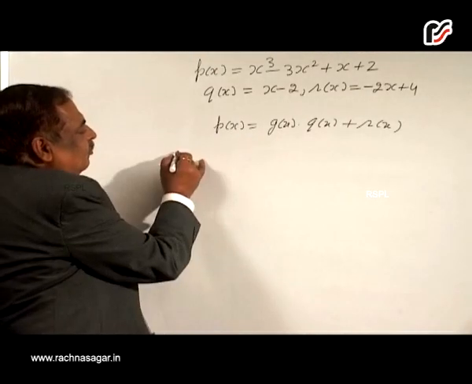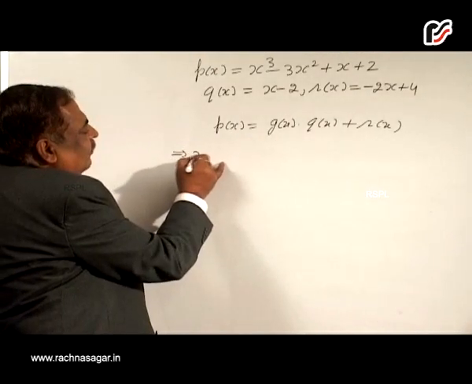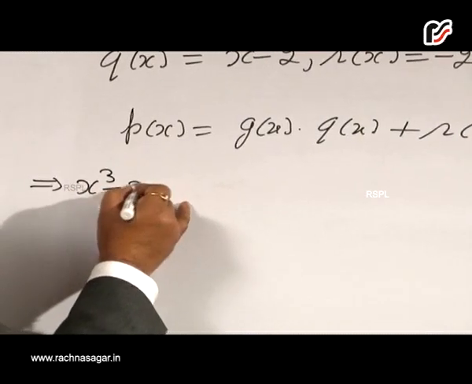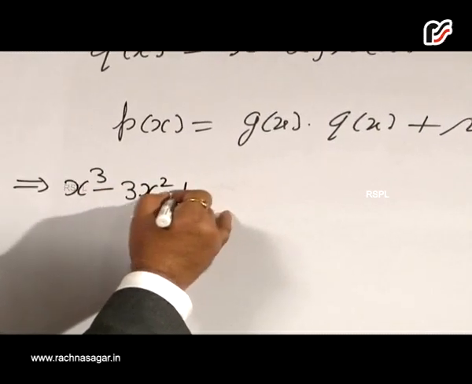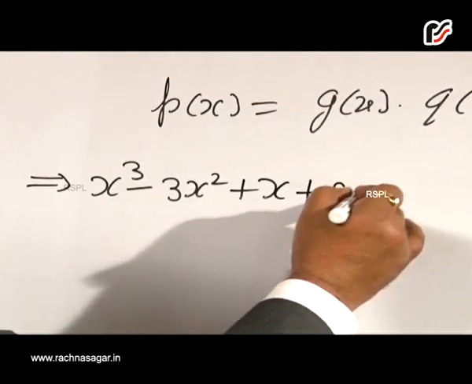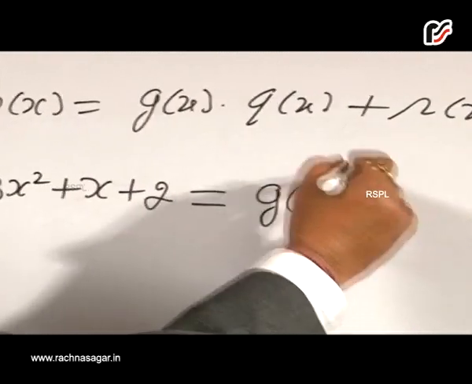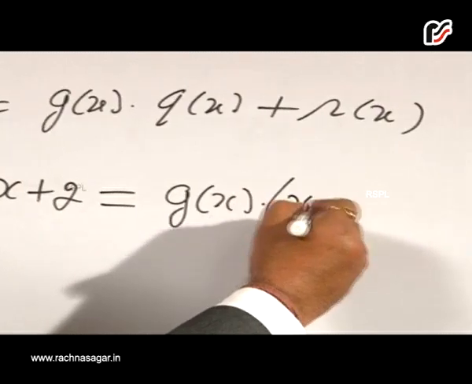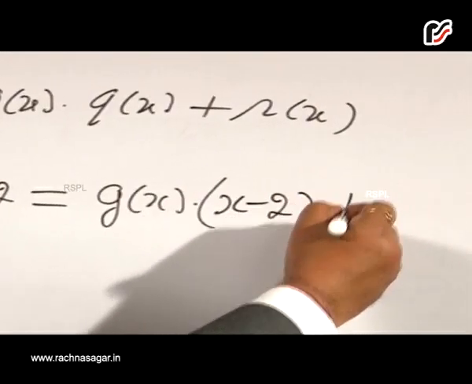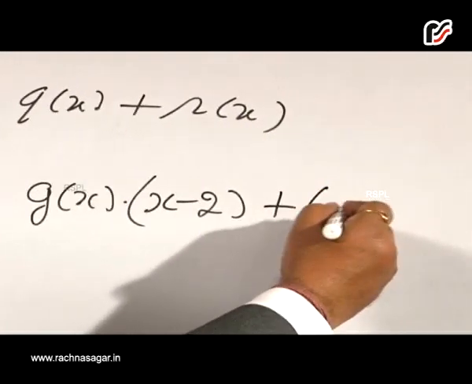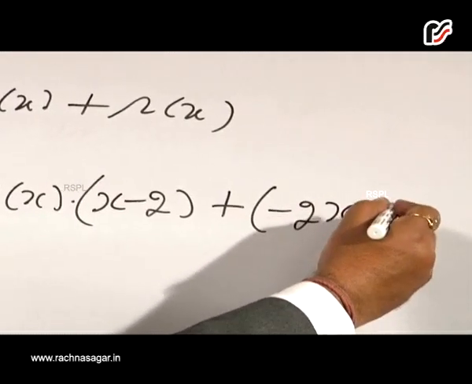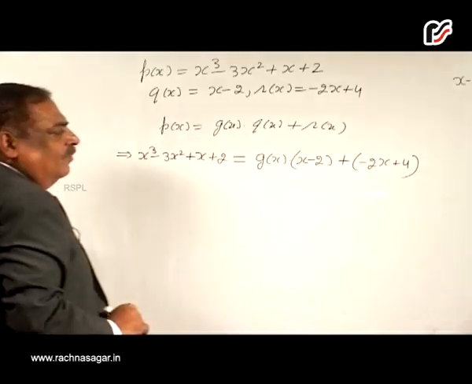Now putting the values, we get x cube minus 3x square plus x plus 2 equals g(x), which we don't know, times q(x), which is x minus 2, plus r(x), which is minus 2x plus 4.